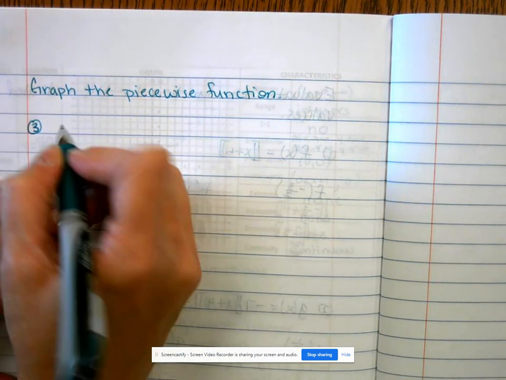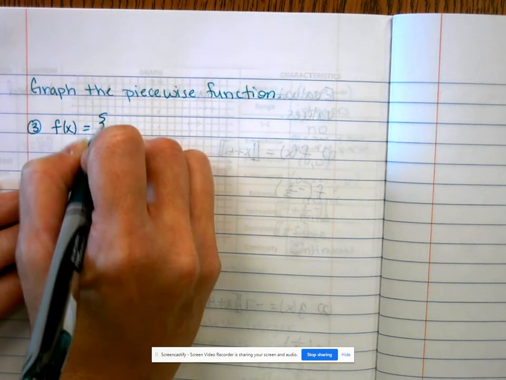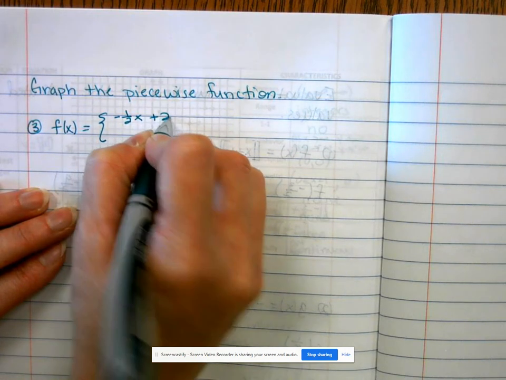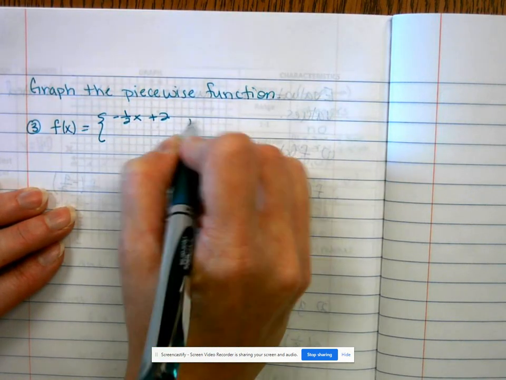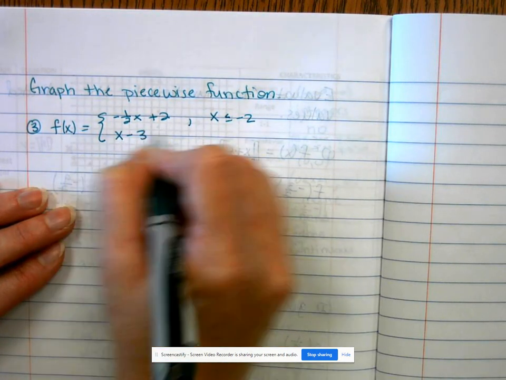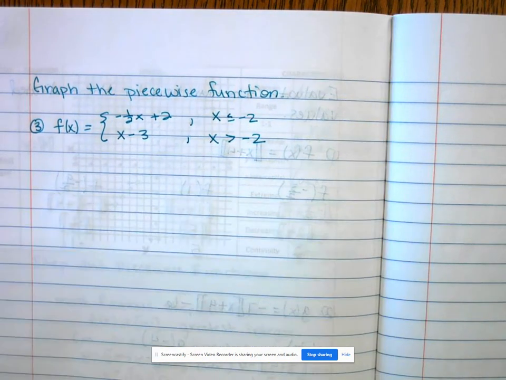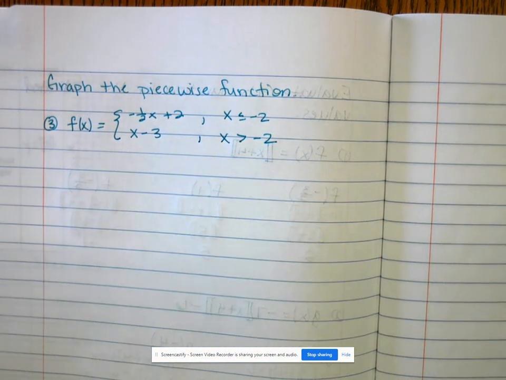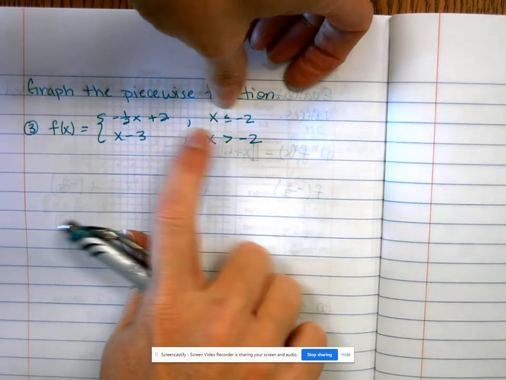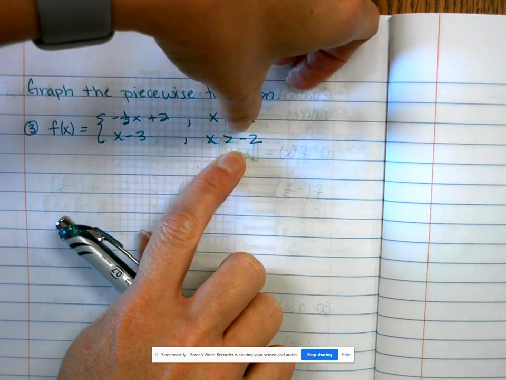All right, so I'm going to use a highlighter just to help point some things out to you. So if you want to grab one, you can. Okay, so for a piecewise function, remember that you have more than one piece and it's on a restricted domain. So we're going to have this graph up to -2, and we're going to have this graph past -2.